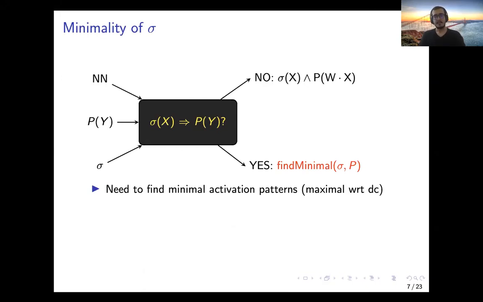Then we check if each point that satisfies this activation pattern also satisfies P. If it doesn't, then the procedure terminates and we simply return an intersection of the points that satisfy this property with the activation pattern. But if every point in this activation pattern satisfies P, we try to add don't cares to this activation pattern and try to capture a larger convex region.